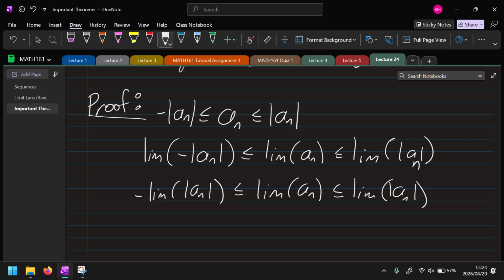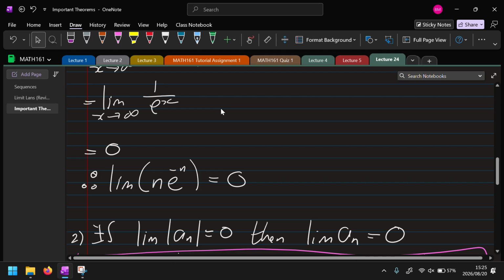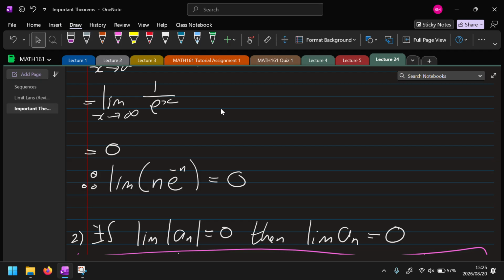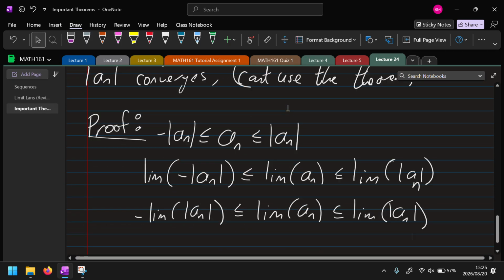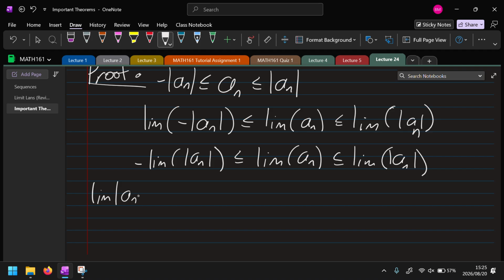Okay. Now, what do we know about this left side and the right side with those limits? The one on the left and the one on the right. What do we know? It's 0, right? Limit of the absolute value of a sub n is 0, right? That's given there. Okay. So limit of a sub n is 0, right?